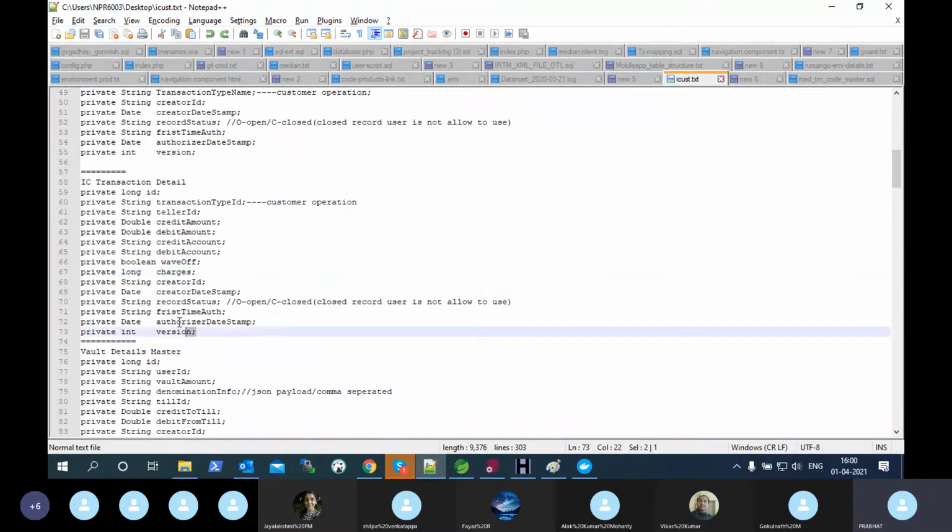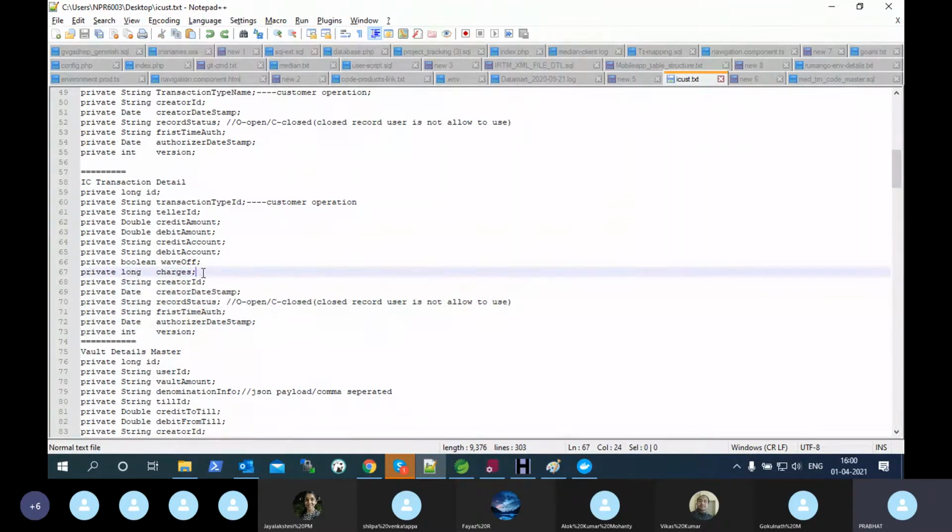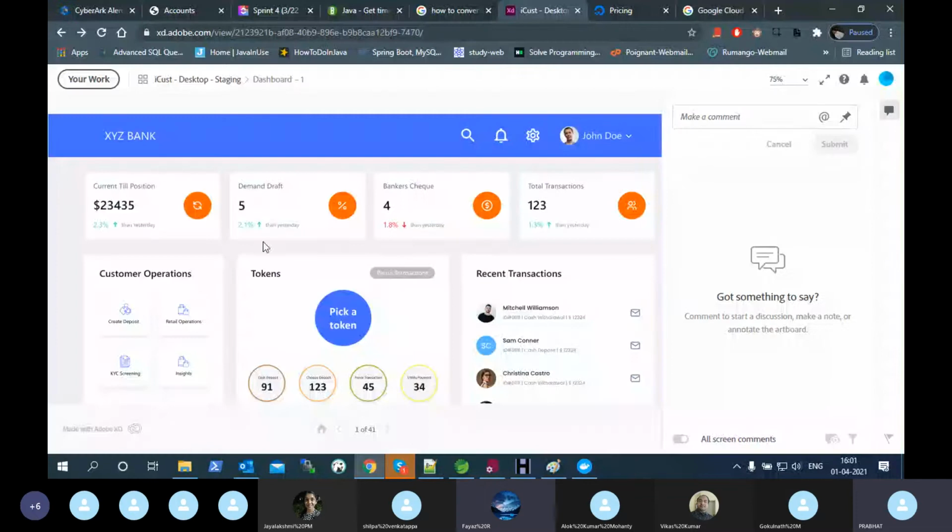And these are audit details. For now we have to take care of this functionality. This is the transaction we are performing in the bank. So now I think you will get all the data for this dashboard.